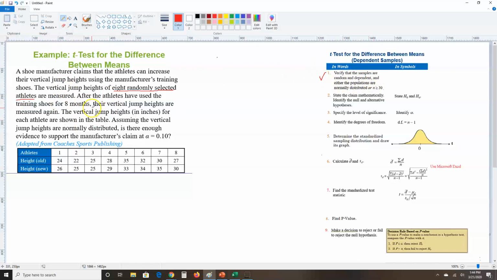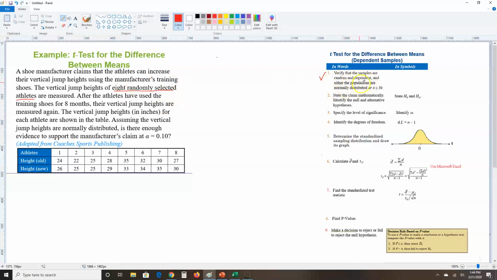Here in this word problem, I'm comparing the vertical jump heights of 8 athletes before and after using a training shoe. When I'm doing a comparison with the same group of people and comparing something about them before and after, we call that a dependent sample. So yes, it met this requirement.